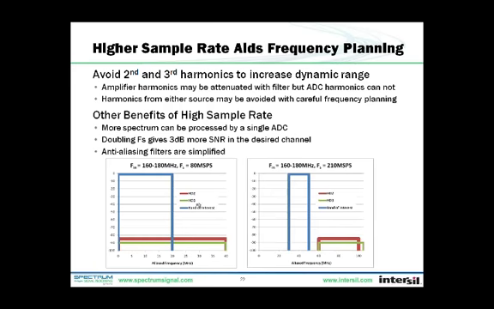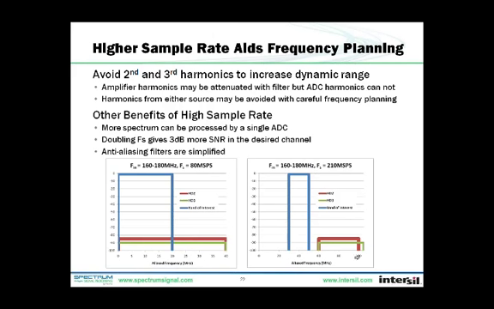However, if we were to sample this at a much higher sample rate, say 210 megasamples, we not only increase the sample bandwidth, which now goes up to 105 megahertz, but we change the way our signal and its harmonics alias. In this case, the input signal now aliases from 30 to 50 megahertz, and HD2 aliases from 60 to 100 megahertz, and HD3 will alias from 90 to 150 megahertz.